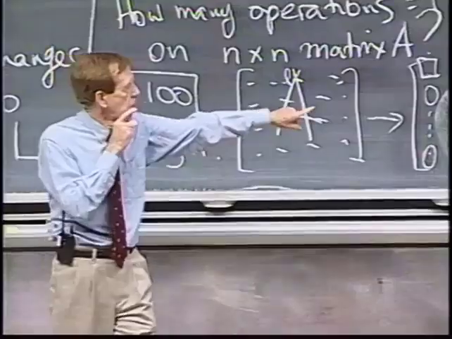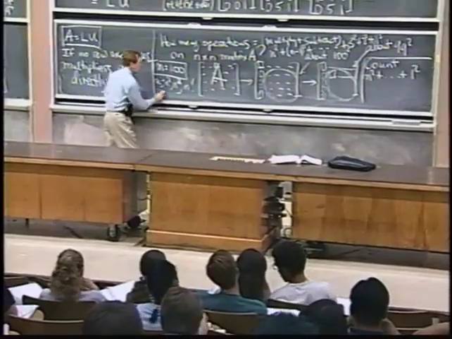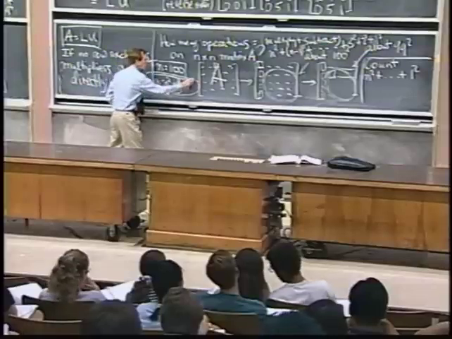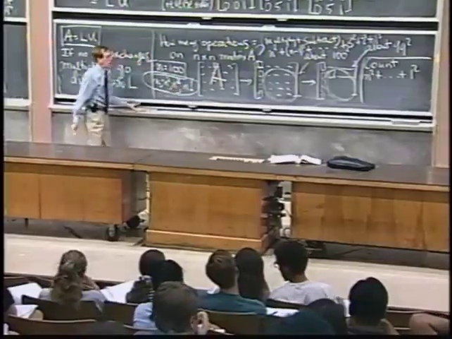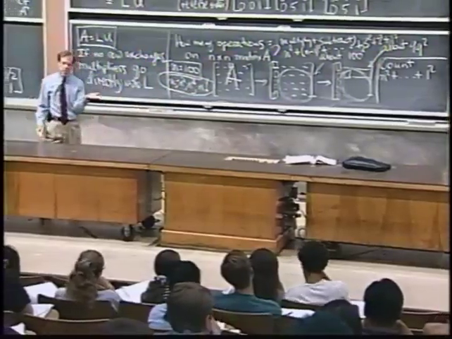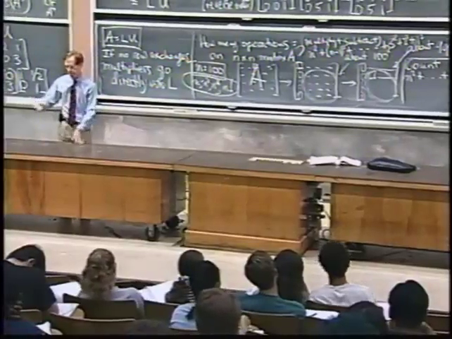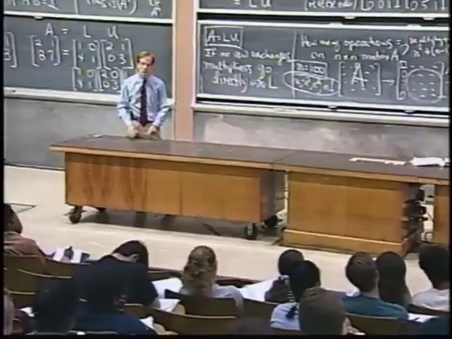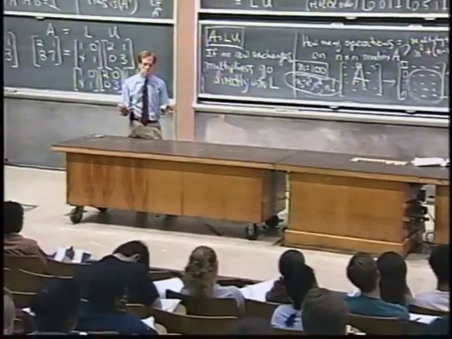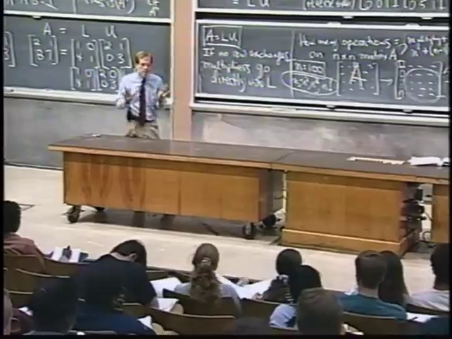So which of these quantities is the right ballpark for that count? If I add 100 squared to 99 squared to 98 squared, 97 squared, all the way down to 2 squared and 1 squared, what have I got about?